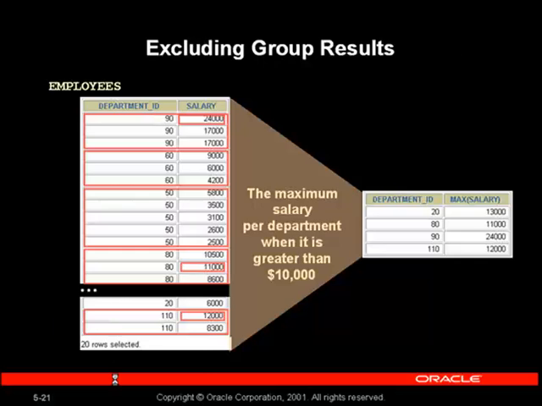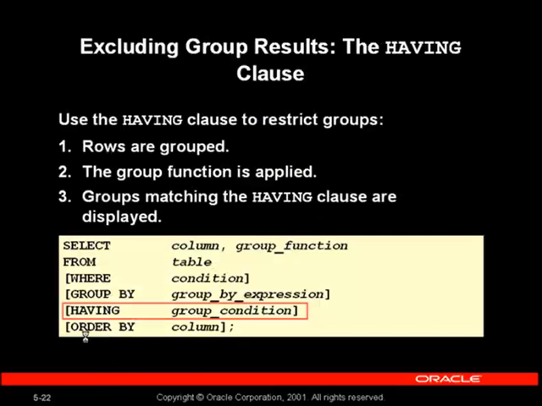Because this is a group function, it will be part of the having clause. So in essence, you use the having clause to determine which groups of records should be displayed. In other words, we will be restricting the groups based on our aggregate function or our group function.